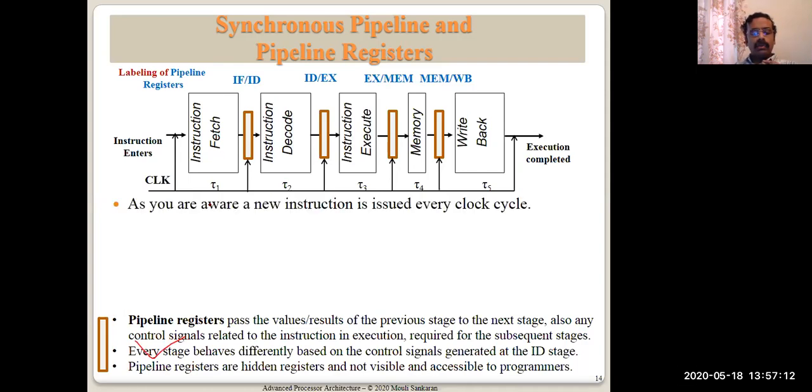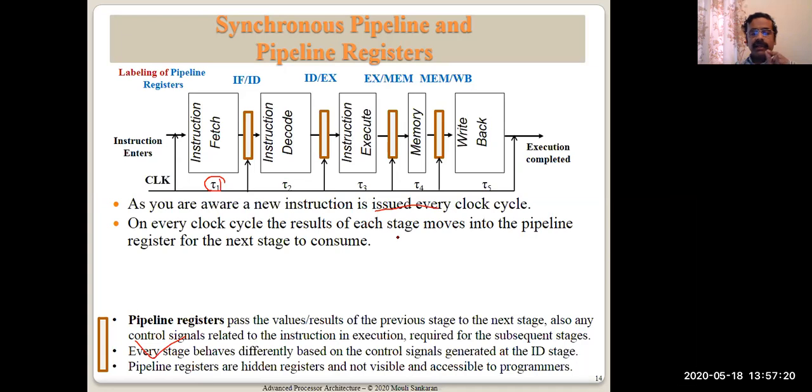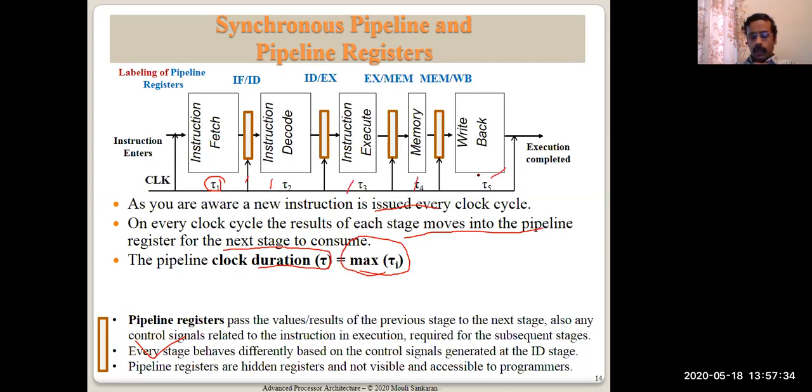Let me talk about something which I spoke about, tau 1. All of you are aware that a new instruction is issued every clock cycle. On every clock cycle, the results of each stage move into the pipeline register for the next stage to consume. So the pipeline clock duration tau is the max of the tau i. I have to choose the maximum of these, as I explained some time back, as the clock duration.